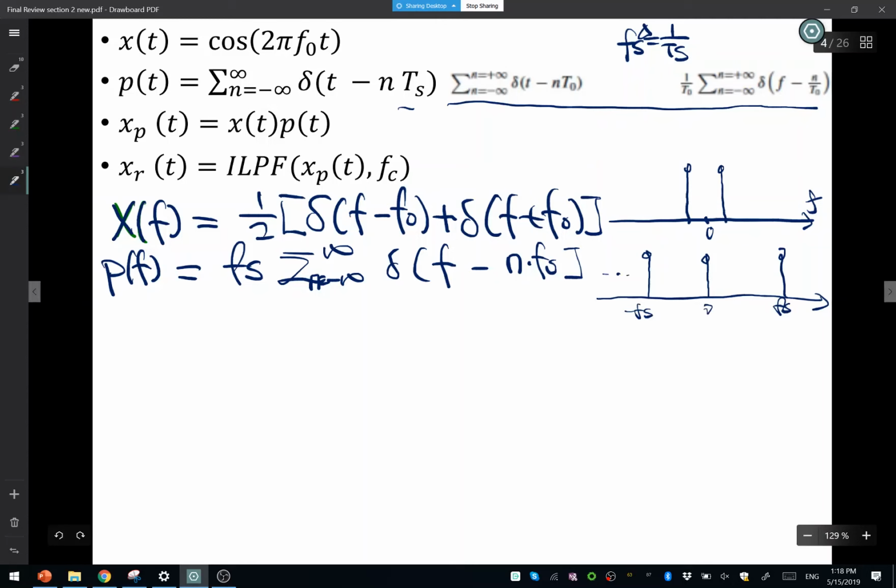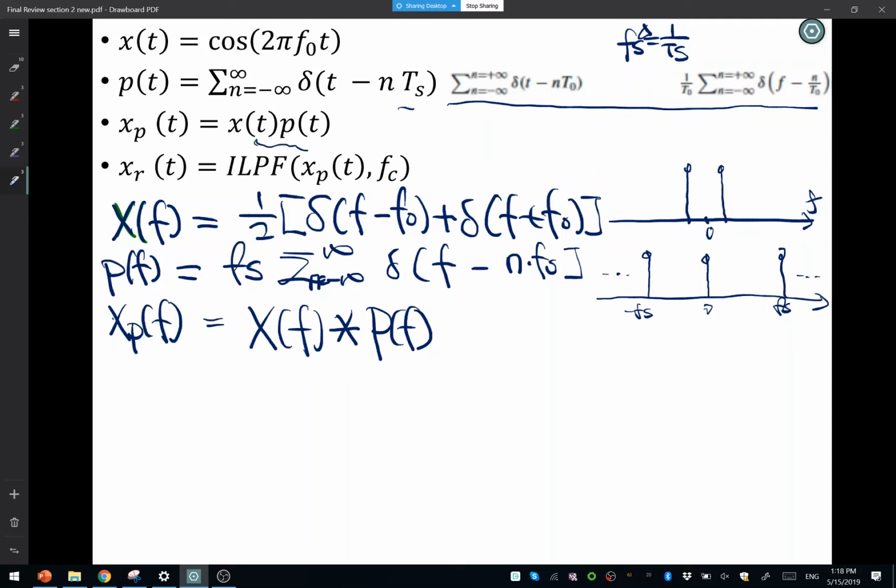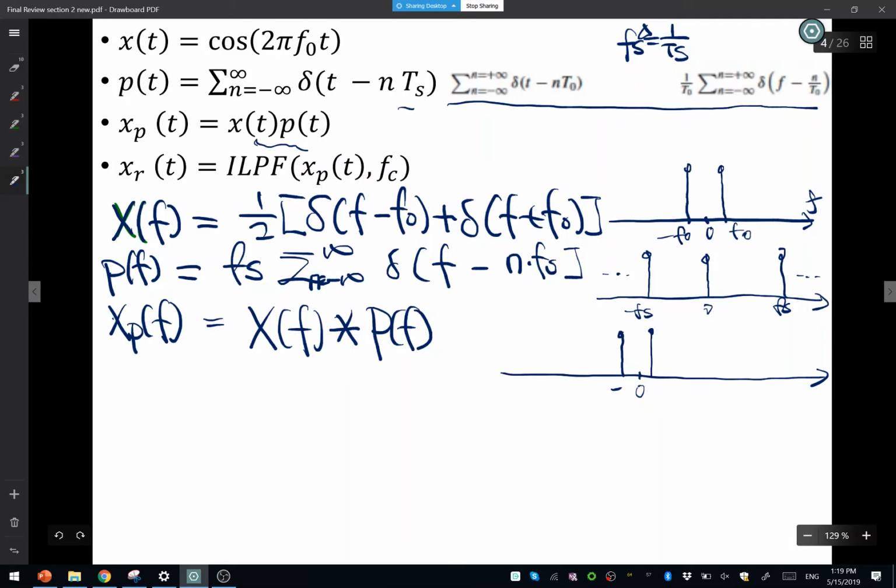We shift X(f) to the position of each spike in P(f). What we get is something like this: around 0 at the center, we have one spike and another spike, at f0 and minus f0. And around Fs, we also get two spikes.